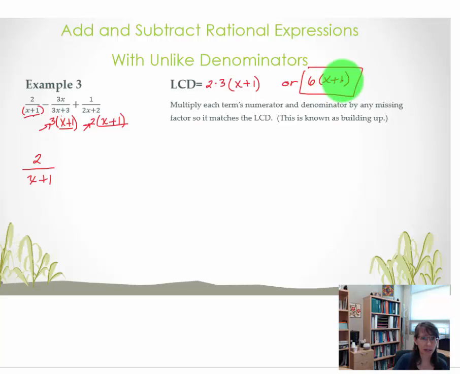Well, we can see we've got the quantity, but we don't have 6. So we're using the building up technique. That means you're multiplying the numerator and denominator by the factor that's missing. Okay, so now we have quantity x plus 1 times 6, and that matches exactly with the LCD.